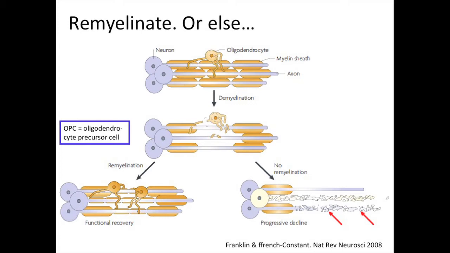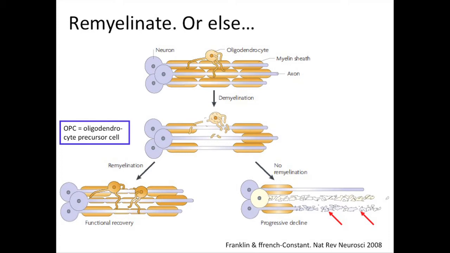Now, once this area here is demyelinated and the oligodendrocyte is gone, or many of them, two things can happen. Either a repair kicks in, which is this pathway, remyelination. And as you can already see, these myelin sheaths are thinner, and they have shorter internodes, now remember the word, internodes, than the original ones.